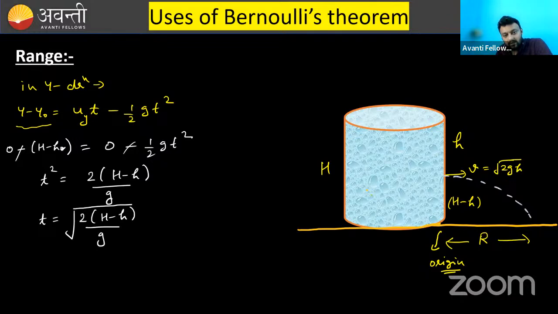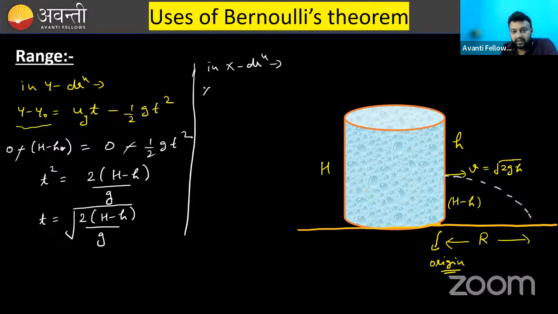Now I will apply the same equation in the horizontal direction. In the horizontal direction, x minus x naught, the displacement, is equal to ut, and the acceleration in the x direction is 0. You know the projectile acceleration in the x direction is 0, so I'm not writing it.